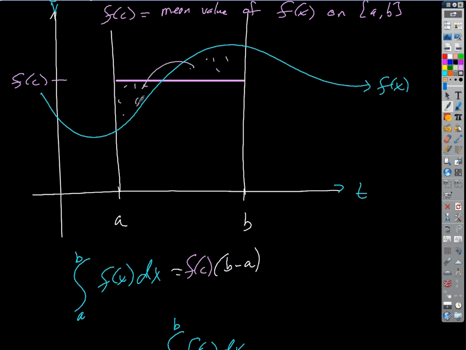So we're just reconfiguring the area, morphing it from a curvy profile into a flat profile. And the height of that rectangle we create defines our average value. Make sense? That's a good definition of an average value.